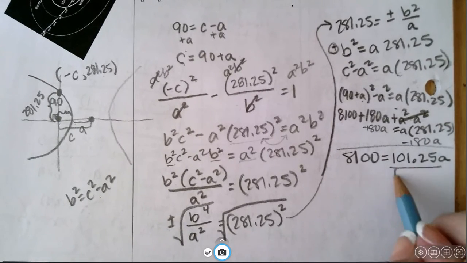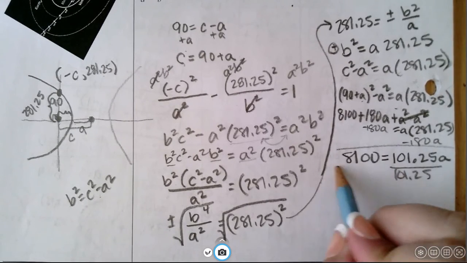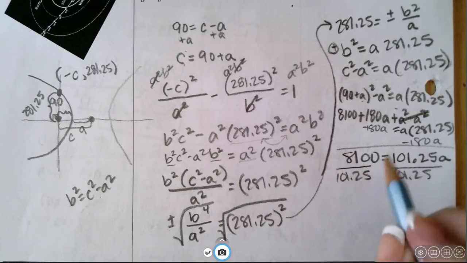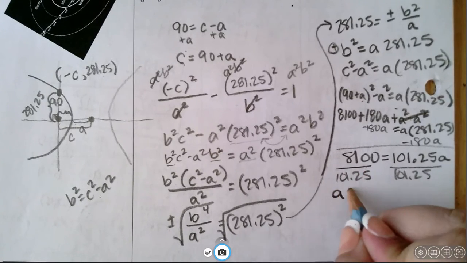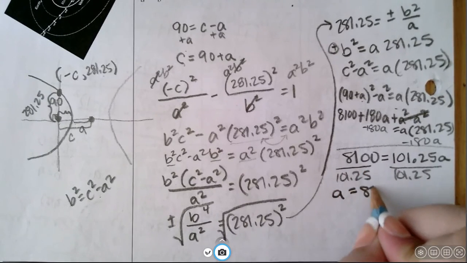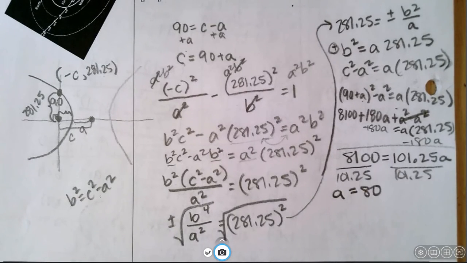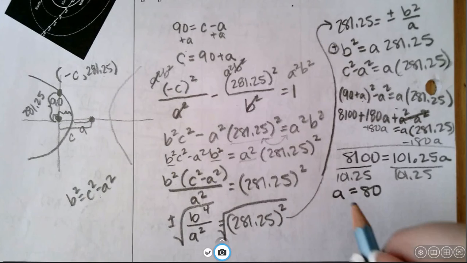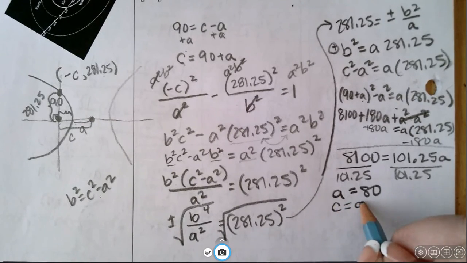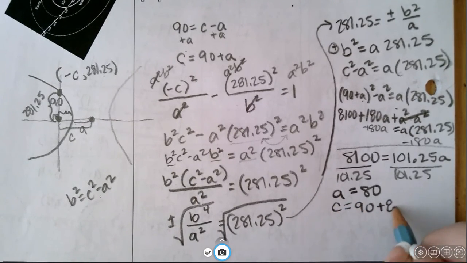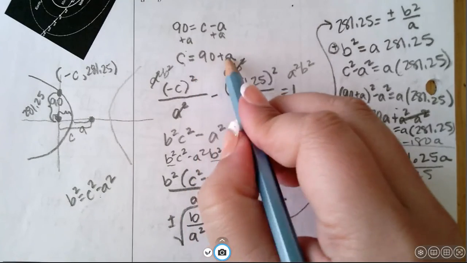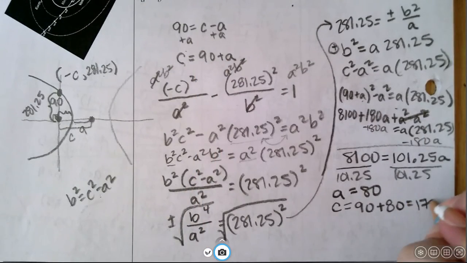Divide by 101.25. And now we get that a equals 80. How nice. Okay, so if a is 80, and we know that c is 90 plus 80, remember c was the difference, so 90 plus 80 is 170.